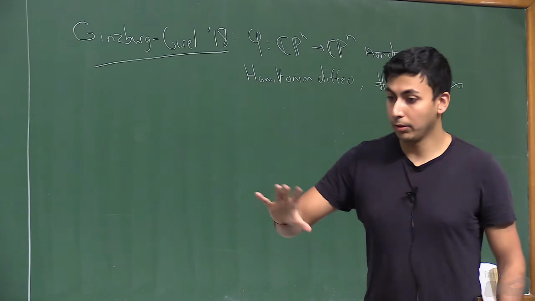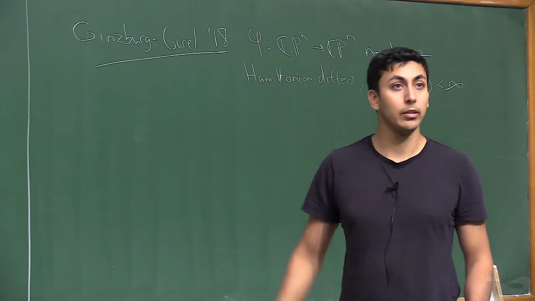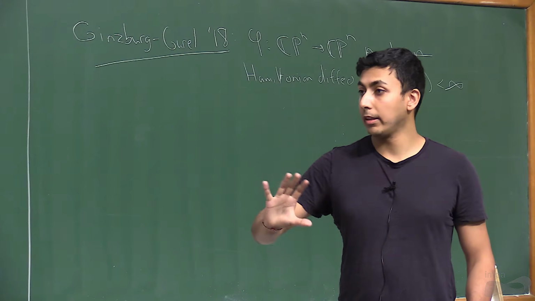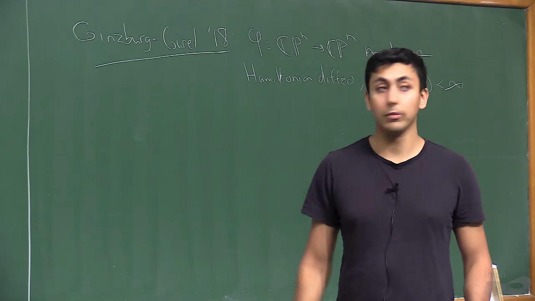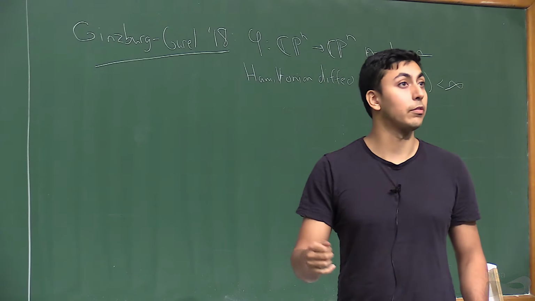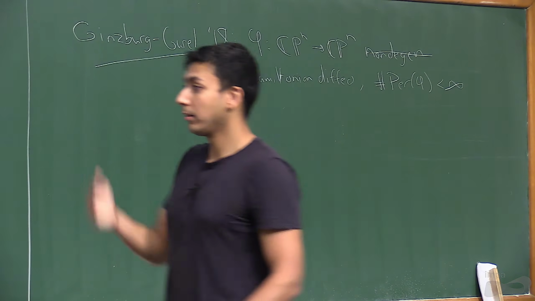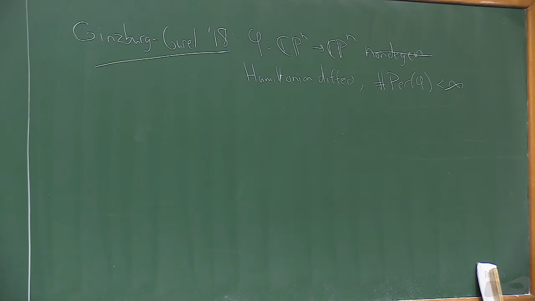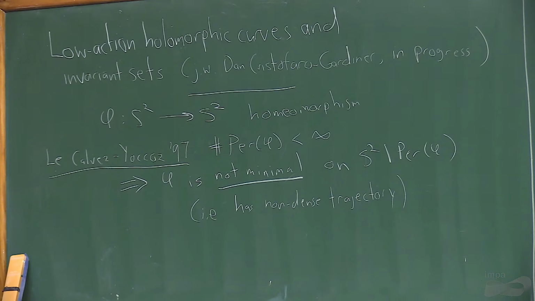Then, using the Le Calvez-Yoccoz formula, you get that after iterating sufficiently many times, the sum of the Lefschetz indices of the fixed points is non-positive. But this is a contradiction because S2 has positive Euler characteristic. So that's how you get a contradiction.